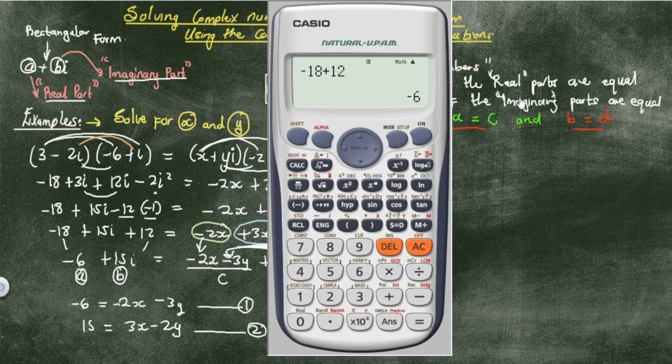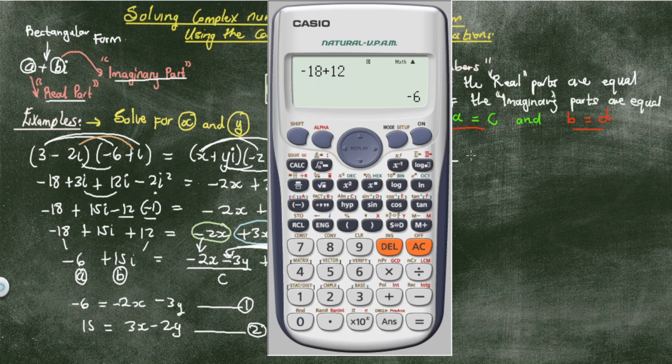Then you're going to solve these two equations simultaneously. It's up to you, substitution method or the elimination method, okay? So I'm going to take the first equation and make x the subject of the formula.